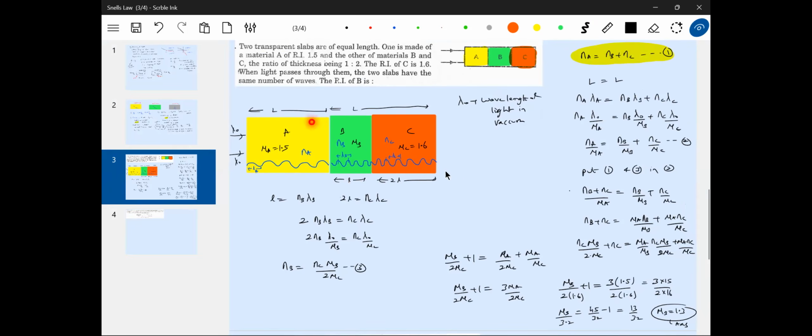And the length of slab A is equal to the sum of the lengths of slabs B and C combined. That we just explored. This is given, this is given, and even this is also given. So the given things I'm just highlighting with the yellow color. With the help of that data, we are able to calculate the refractive index of slab B.